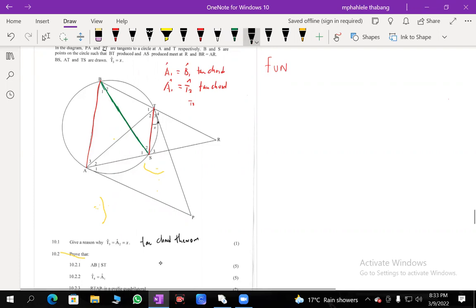If AB is parallel to TS, then angle B1 will be equal to S2. When angle B1 equals S2, it means AB is parallel to ST.